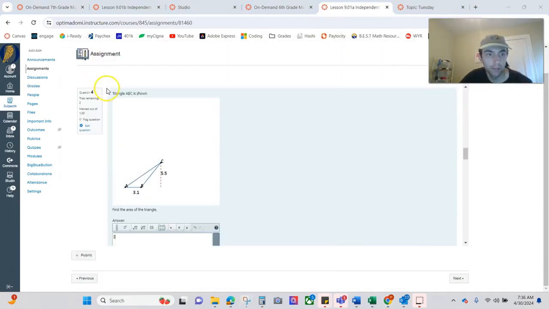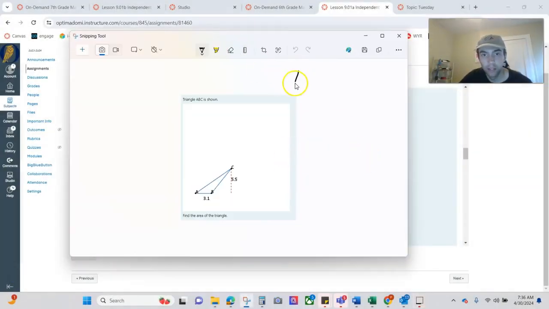Question 4. To find the area of a triangle, we can use this formula: base times height divided by 2.